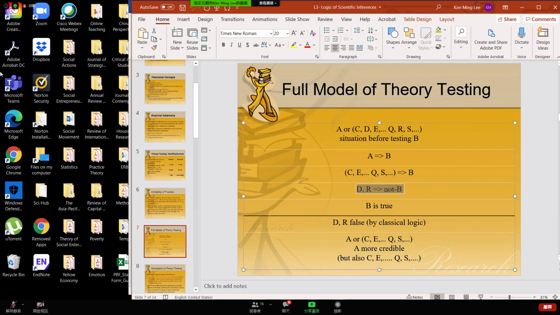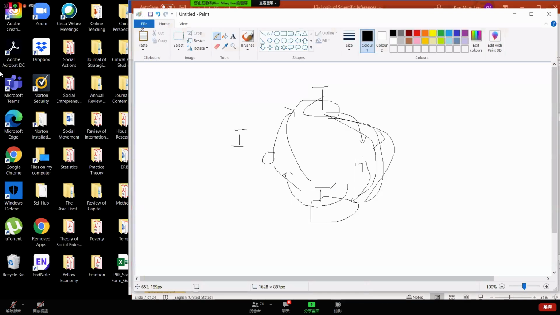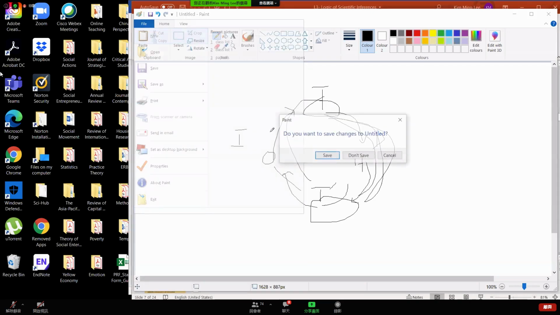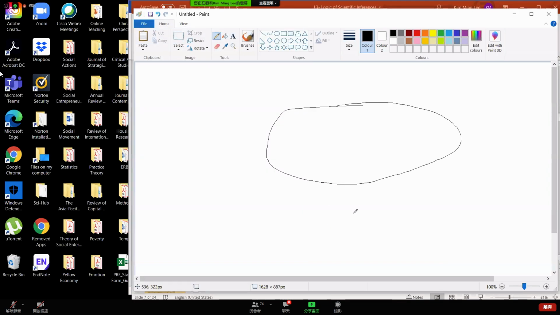So just imagine something like here. For example, in the universe, there are a lot of theories explaining things. Okay, so we have an empirical statement here. Some of them imply the empirical statement is not true, and some of them imply the empirical statement is true.